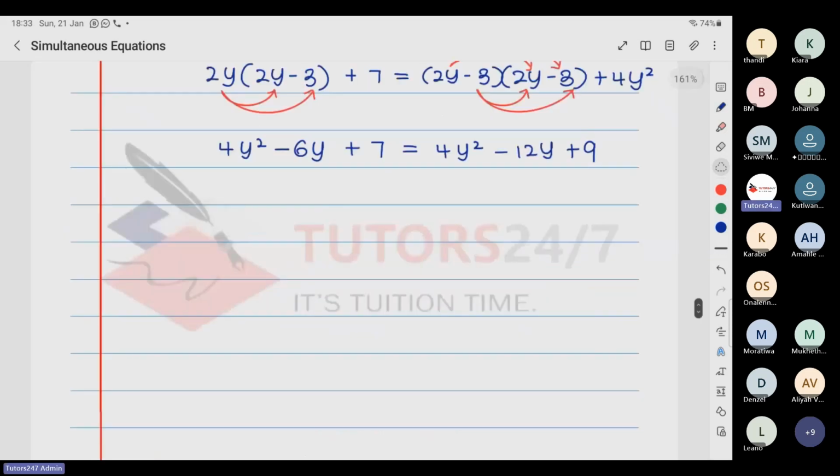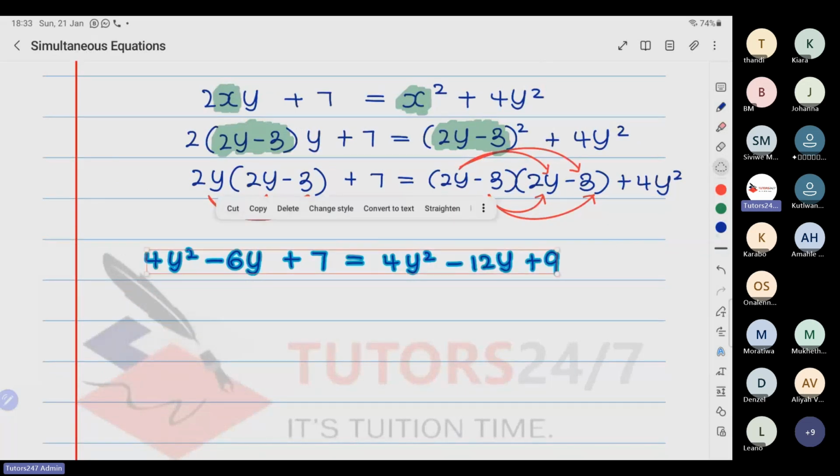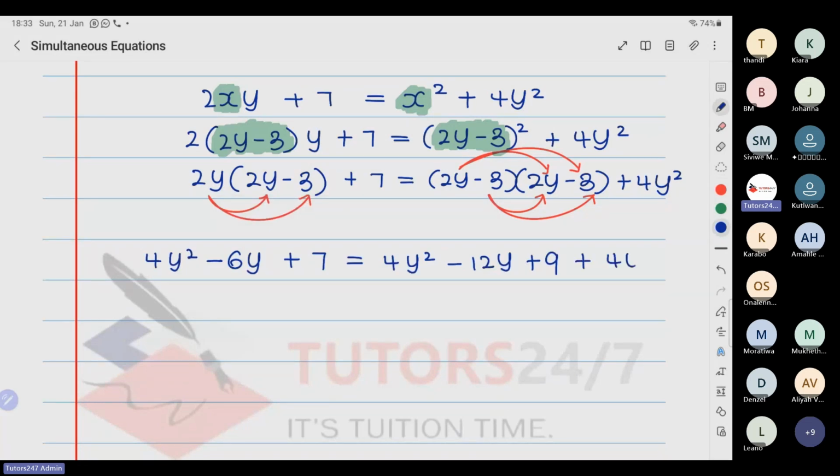Now, from here, we mentioned that -6y becomes -12y. And then you have +9, and then +4y squared. So basically, these 2 brackets over here became these 3 terms over here.